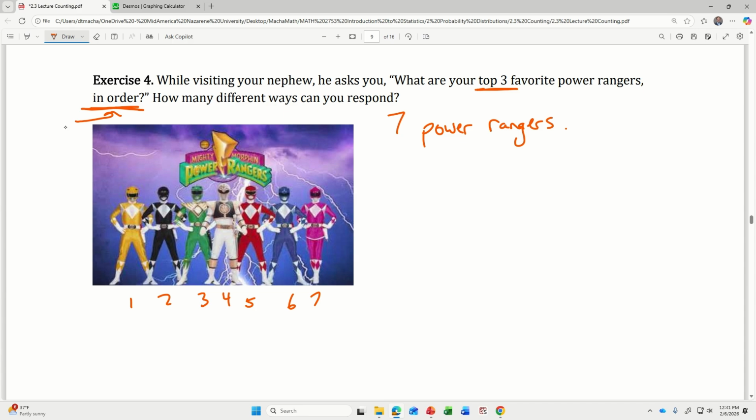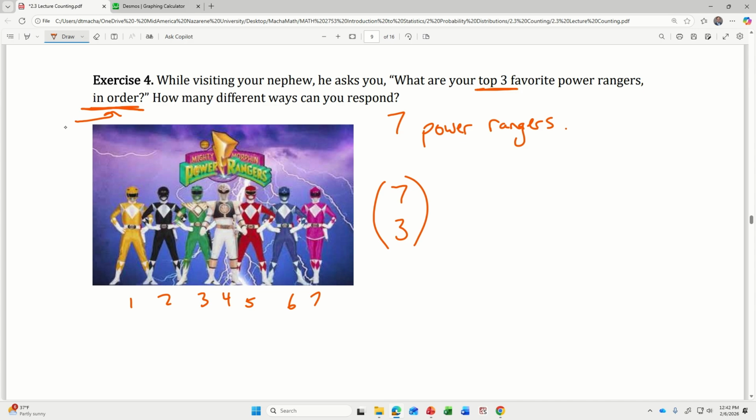So this question has two parts. In the first part, we have to take our set of 7 and choose 3. So we're going to have 7 choose 3 as the number of different ways I can pick 3 Power Rangers to be my favorite Power Rangers. But the question goes further than that, because this combination is not in order.